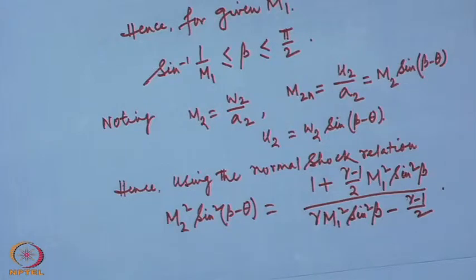And this gives us all the necessary Rankine-Hugoniot relationship for oblique shock.